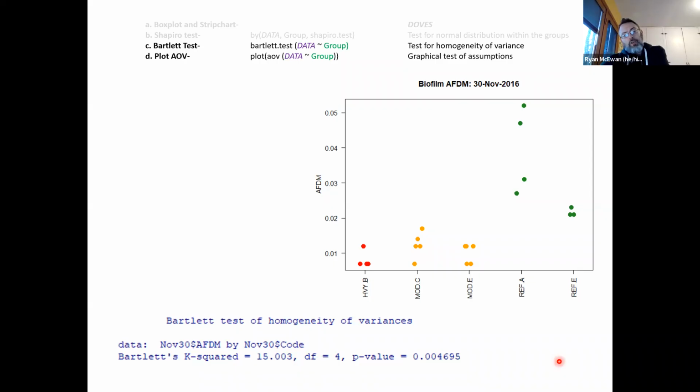Now you've got a p-value of 0.004695. This is suggesting that you do not have homogeneity of variance. Now, that's expected because the variance of this one is much greater than the variance in this one. And so, yeah, unequal variance. Oof, this is trouble.